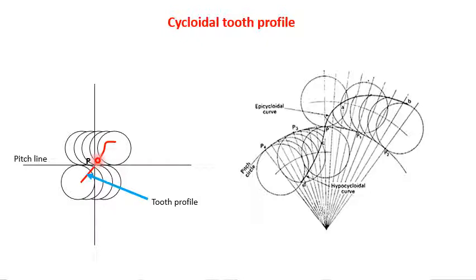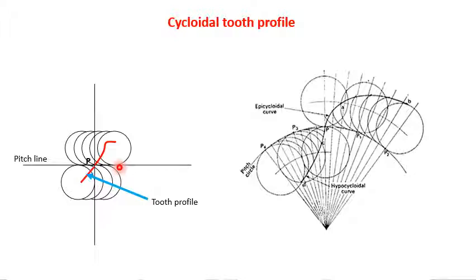Here the curve is generated by a point on circle 1 by its motion to the right on a straight line. Above the horizontal line is circle 1, and below the horizontal line is circle 2. Circle 1 is rotating towards the right along the straight line path.